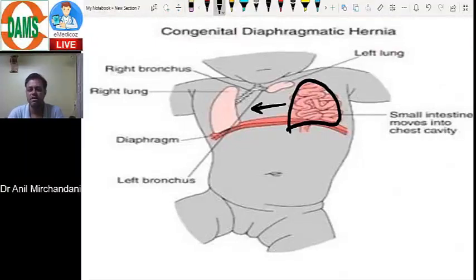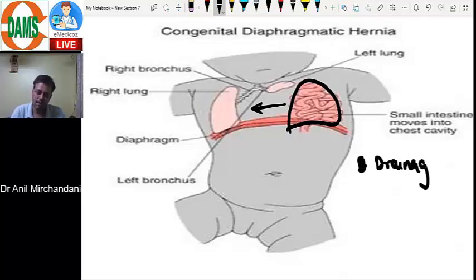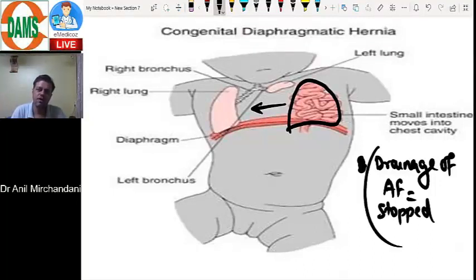There would be kinking of the esophagus and stomach, and that is why the swallowing, that is why the drainage of amniotic fluid will be stopped.